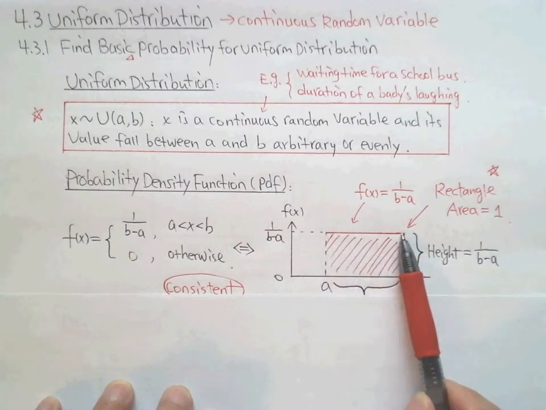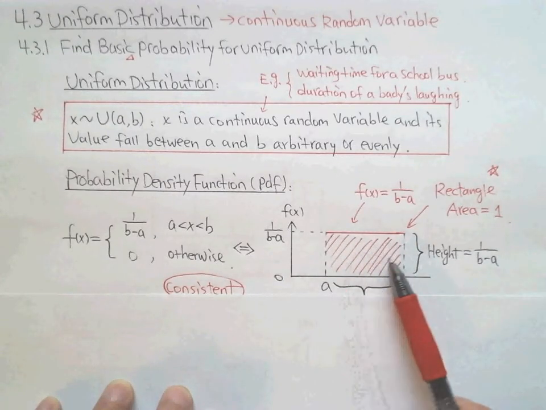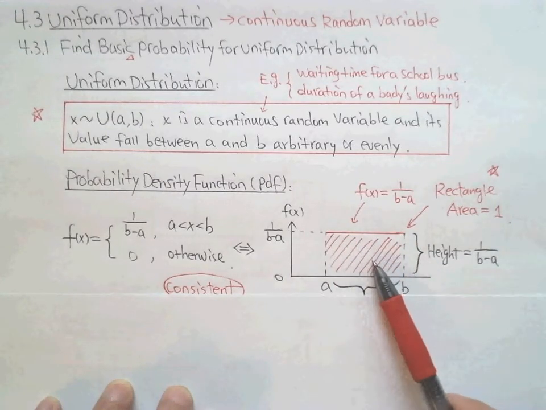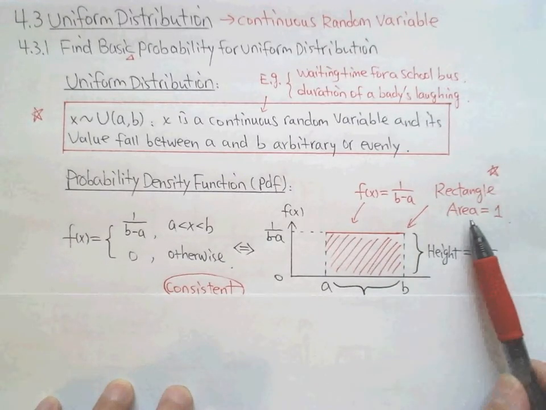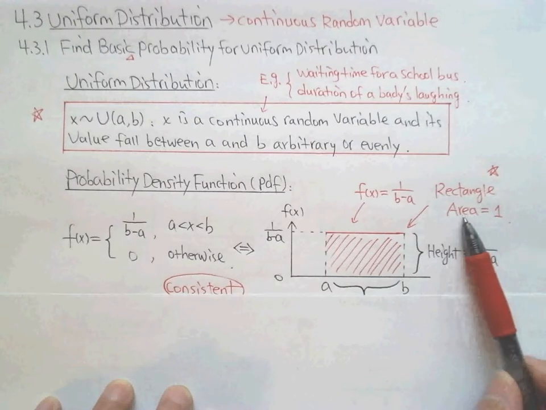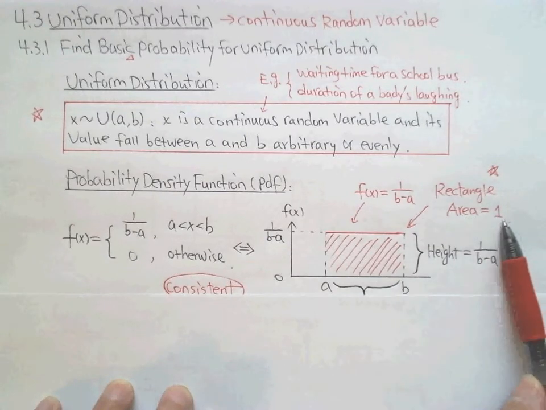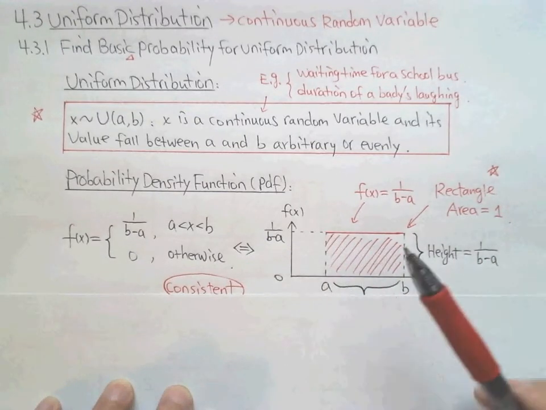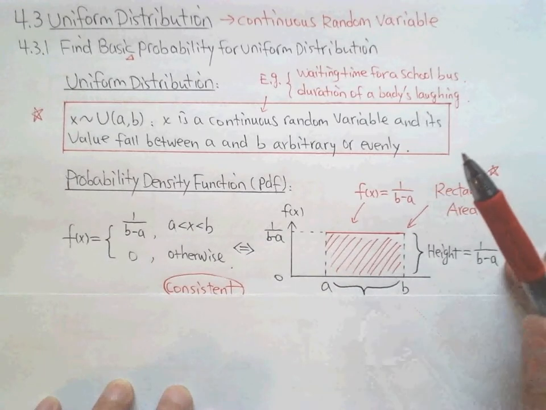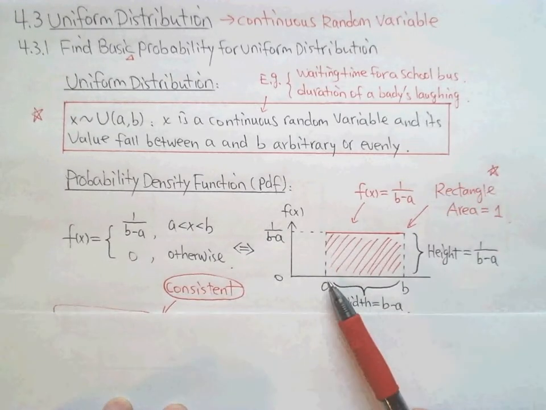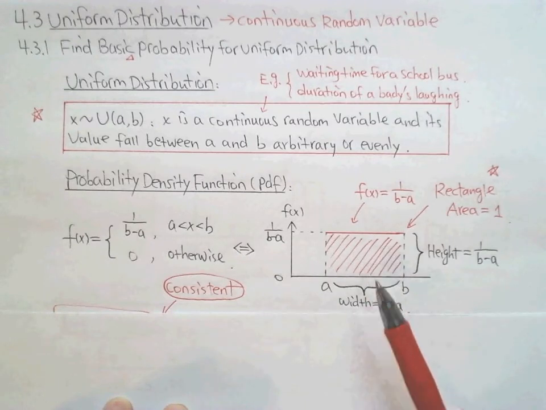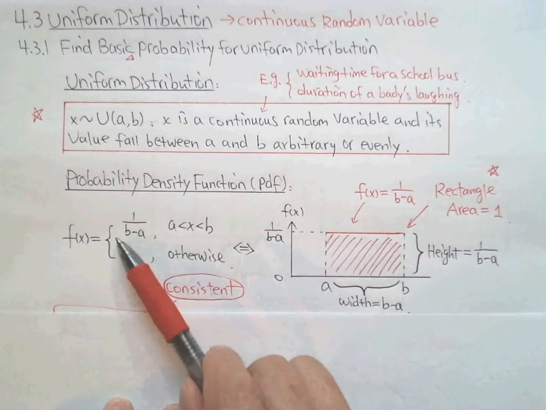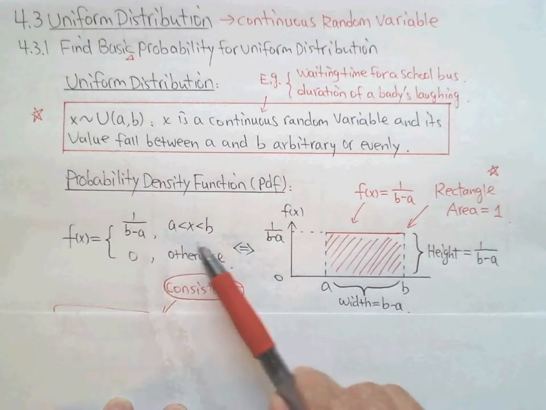If we highlight the area, it is exactly a rectangle. We calculate the area to see whether it equals 1 or not. What is the width? The width is definitely from A to B, which is b minus a. What is the height? How high? The height of the function, or of the rectangle, is 1 over b minus a.